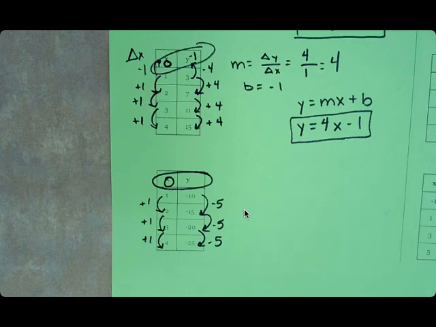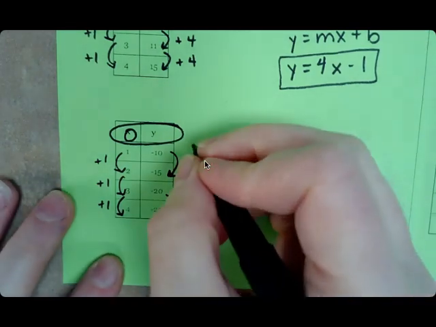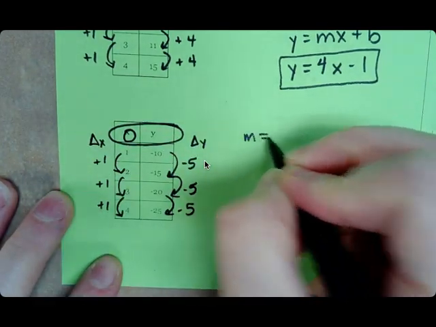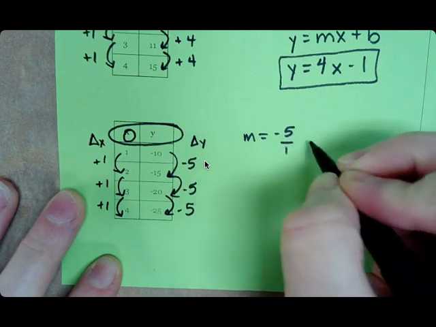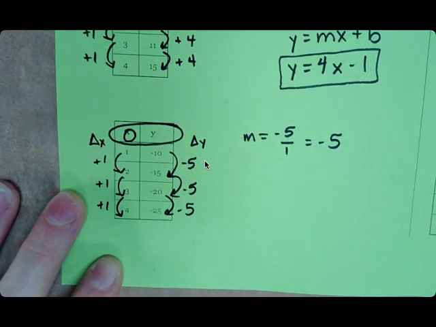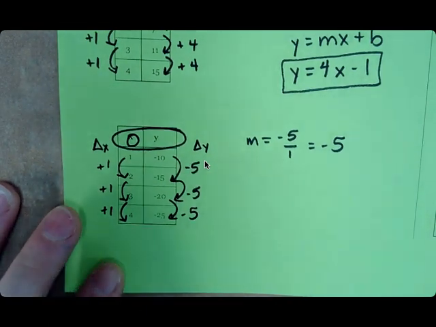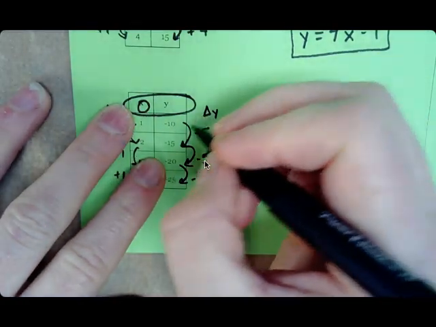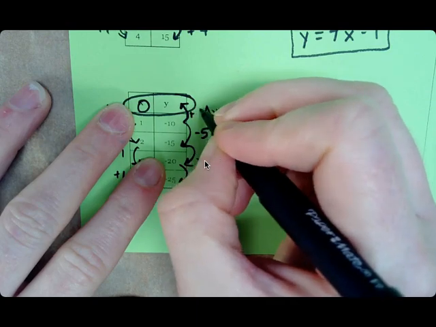Okay, so whenever you do your change of y, change of x, it's negative 5 over 1 or just negative 5. And then to find your y-intercept, 0 is here, so you got to go plus 5 here.